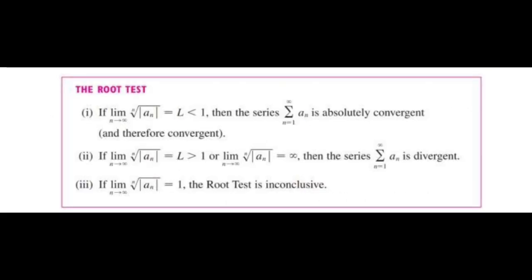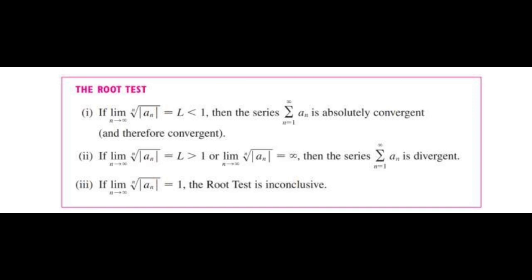Now for the root test, these are the bases in concluding when we use the root test in our given series. First, if the limit as n approaches infinity of the nth root of the absolute value of a sub n equals L less than 1, then the series summation of a sub n is absolutely convergent and therefore convergent.